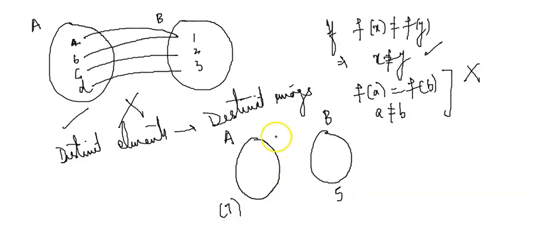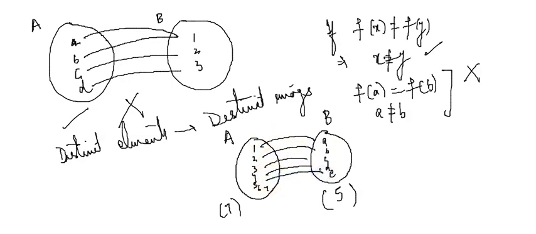Now if I need to calculate how many one-one functions are possible from A to B. Now 1, 2, 3, 4, 5, 6 and 7, and here A, B, C, D and E. Now 1 has image A, 2 has image B, 3 has image C. So now two elements 6 and 7 are left in A.